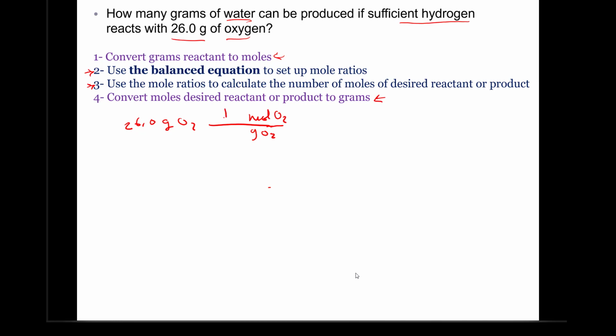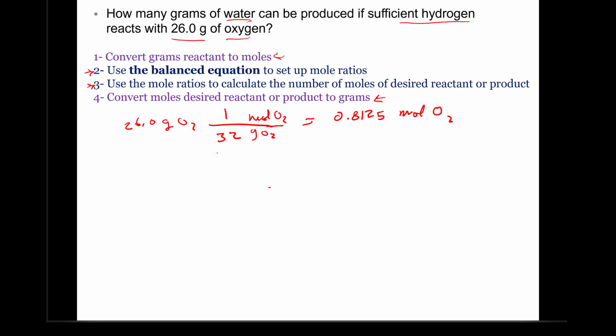So 1 mole of the oxygen molecules is going to be 32 grams of oxygen. So it's 26.0 divided by 32, which is going to give us number of moles of oxygen that we started the reaction with, which is 0.8125 moles of oxygen.